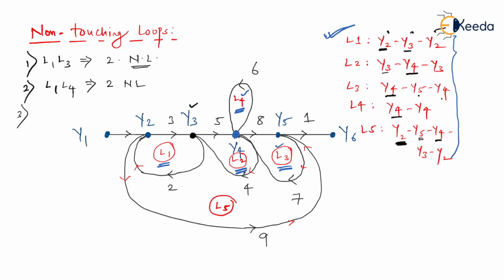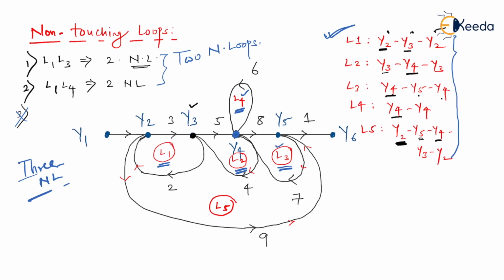So what we have done is with two non-touching loops. What I have so far is the set of two non-touching loops. I don't have a third set. Then I'll go for three non-touching loops.